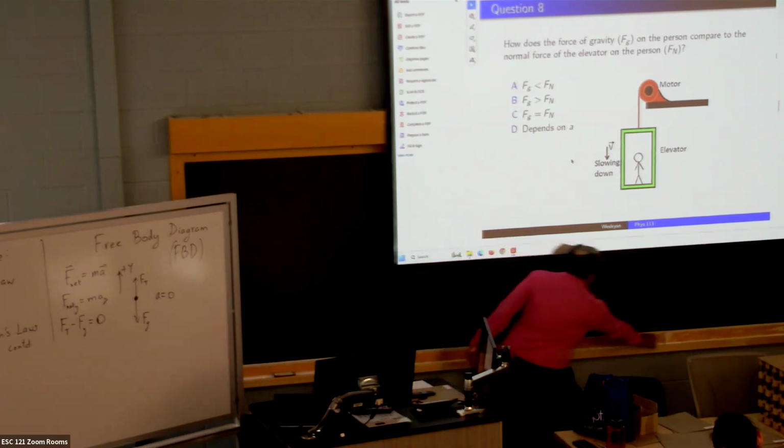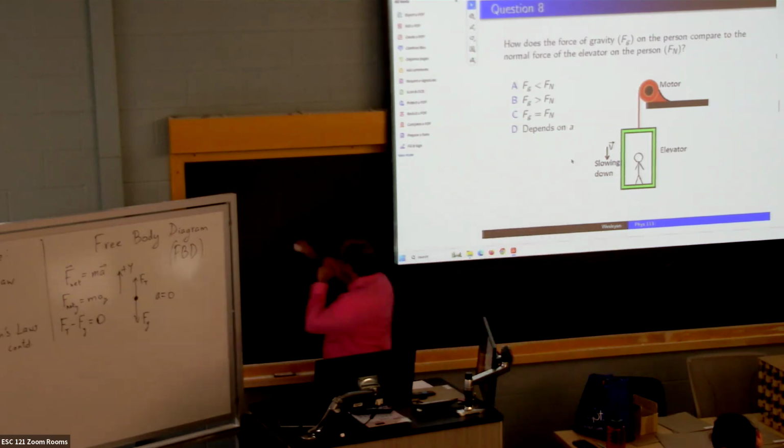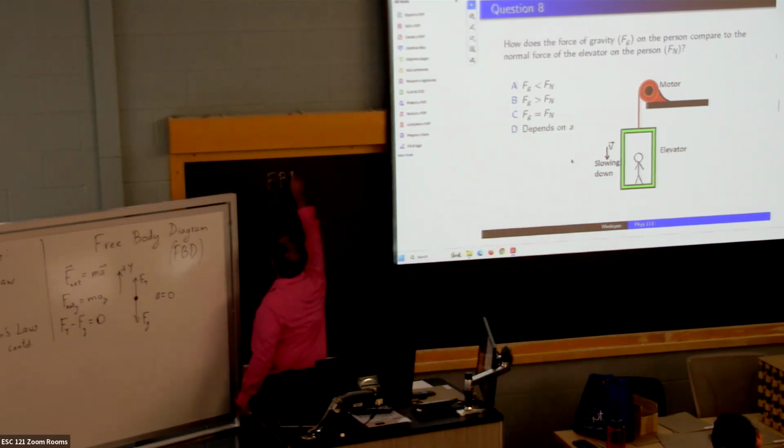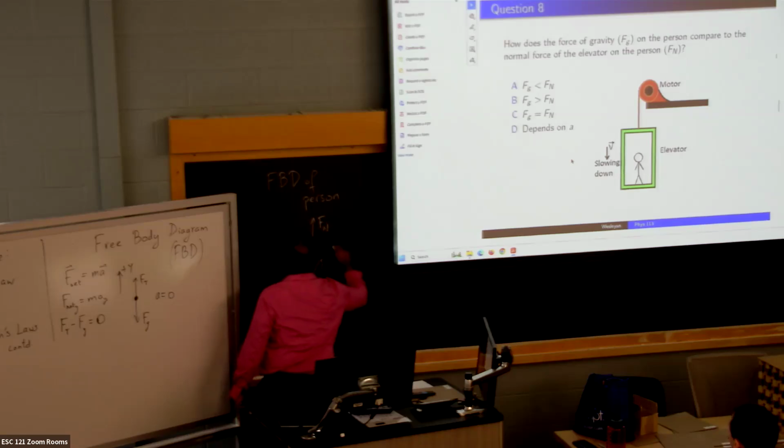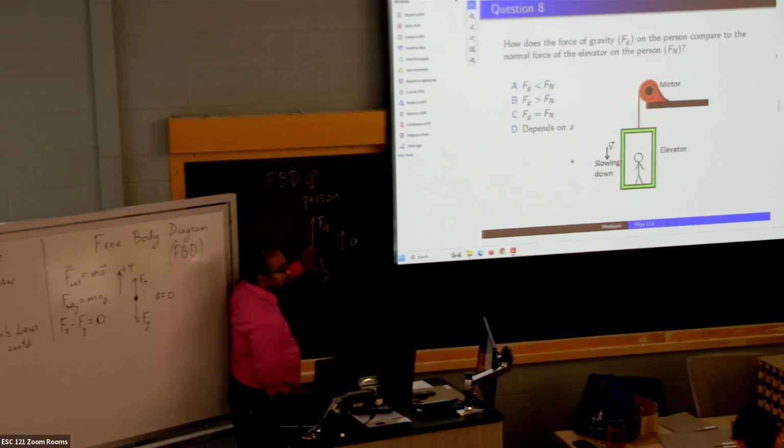So if I draw an FBD of the person, the two forces acting on the person are force of gravity and the normal force. But the acceleration is upward, right? So the net force must be upward, and so that's why I'm drawing the normal force larger than the force of gravity, so that the net force will be upward.